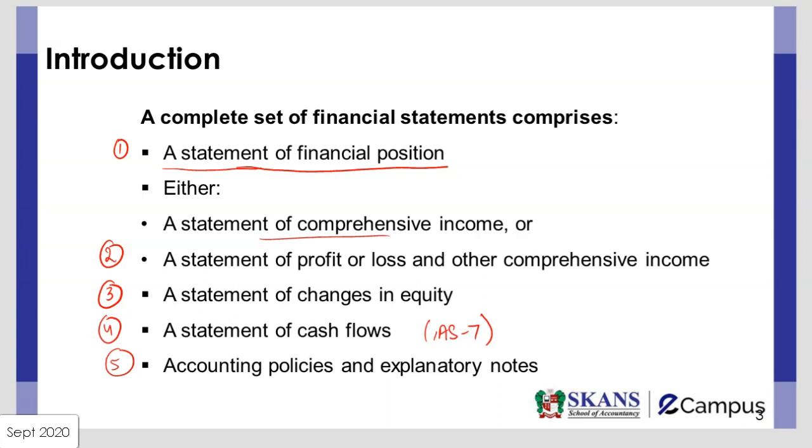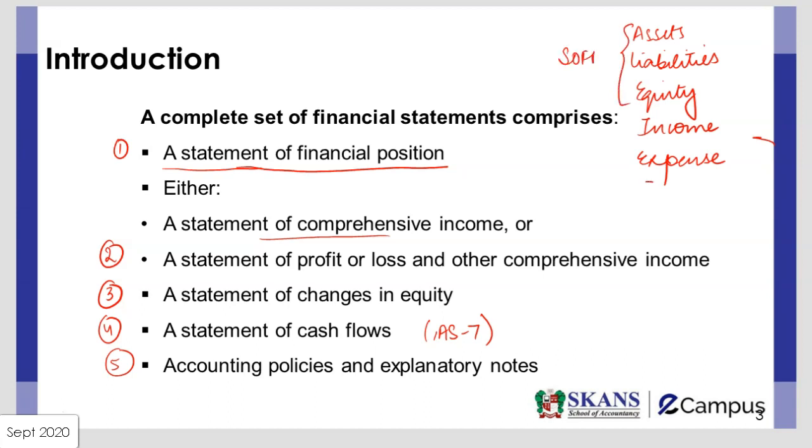The first thing you need to understand is that accounting has 5 elements: assets, liabilities, equity, income, and expenses. The first 3 items are combined together and reflected in our statement of financial position.